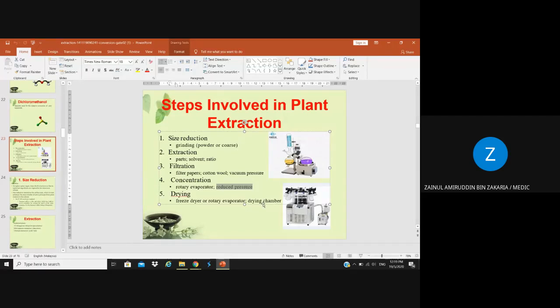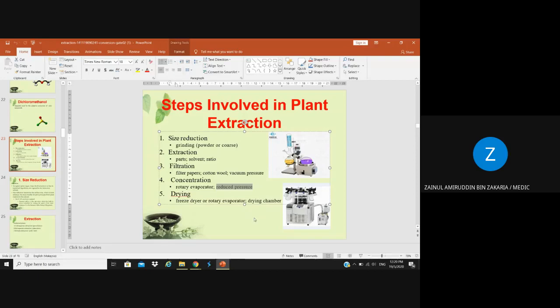It is a sort of chamber, almost similar to the one that you use in a microbiology lab. For example, when we do the practical class for column chromatography, at the back of the lab, that is the drying chamber. You can turn on the machine, so it will give a flow of wind.